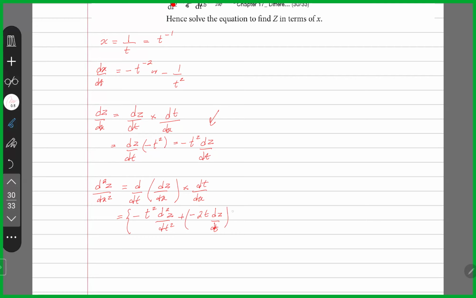And of course, we multiply this by dt by dx, which is minus t squared.